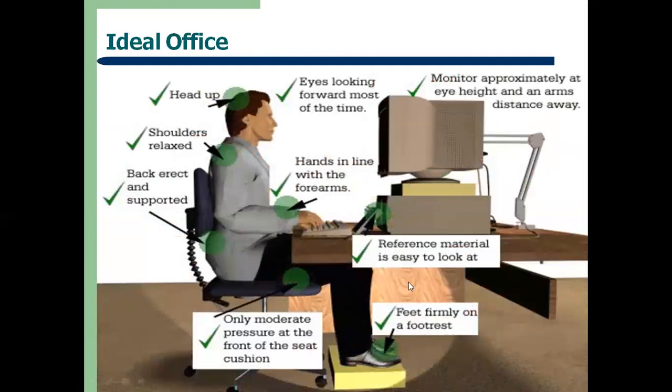And this is the correct way. You should always sit straight, and your chair should be very comfortable. You can see here, you can give support to your back, and you can keep your legs very comfortably. You can stretch them, and your eyes and the monitor are in a straight line. You don't need to give effort to look at the computer.